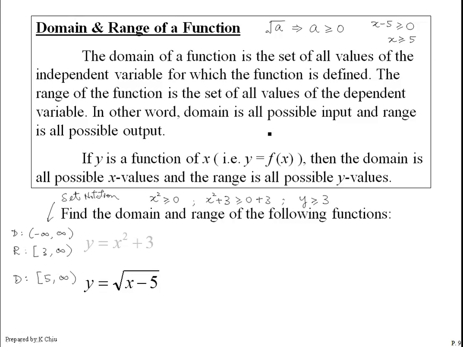Then we need to know another thing. Whenever we have the radical, that implies the radical would be greater than or equal to 0. So if we know that, then that means the range would be like this.